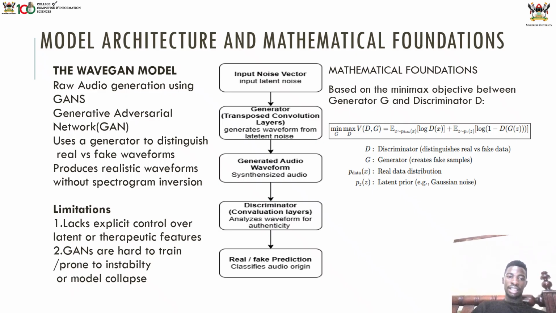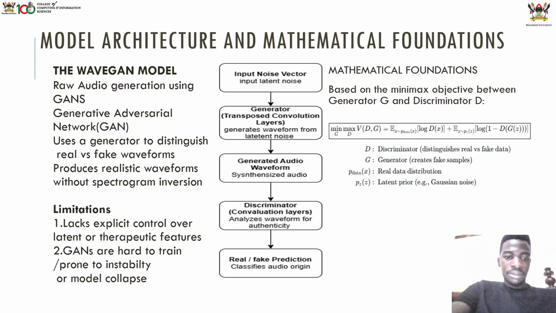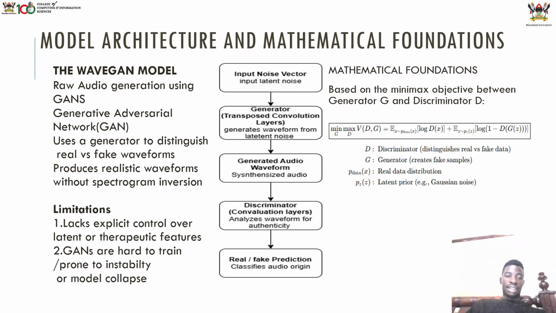This is WaveGAN, which uses GANs, generative adversarial networks. This uses a discriminator to distinguish between the real and the fake waveforms, producing realistic waveforms without spectrogram inversion.